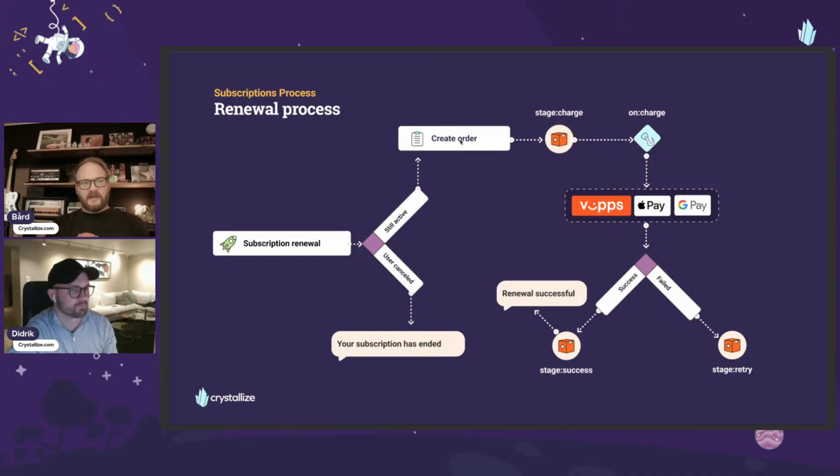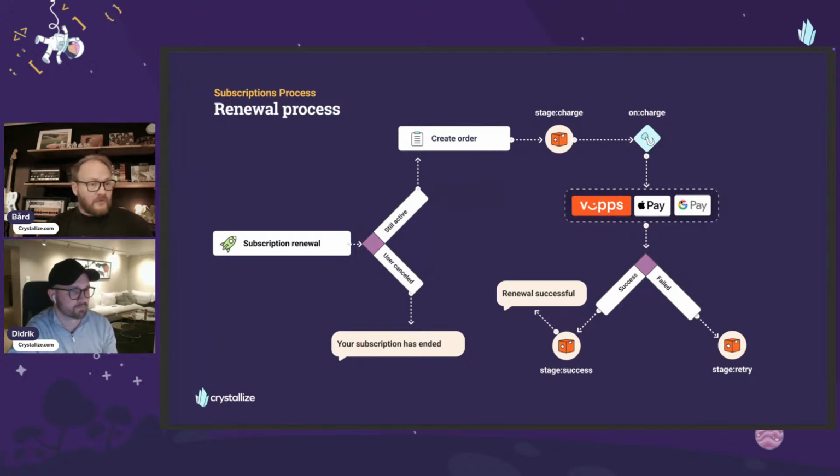I create an order for Didrik, and then I tell Crystallize, okay, now you have to charge this. So this again fires off a webhook when an order is placed in the stage charge, and that webhook is basically a Lambda service in your middleware, in your service API, where you try to collect the payment based off of the payment information you've already stored, which is part of the contract. That's where you would store your payment tokens.